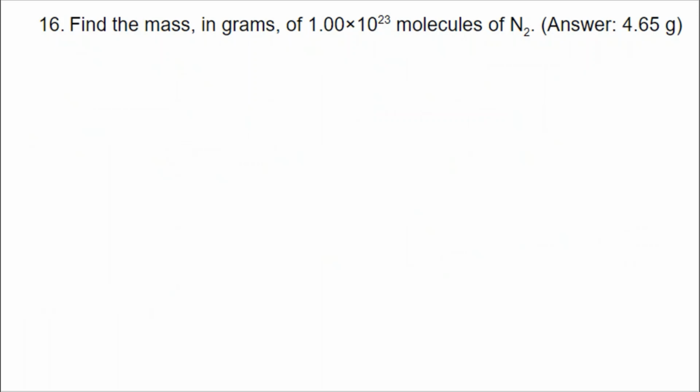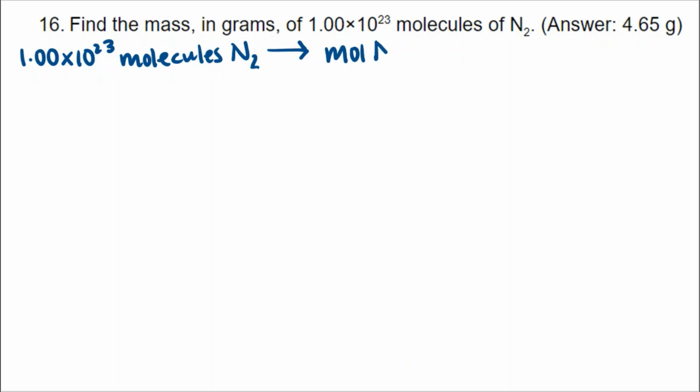Okay, question 16. Find the mass in grams of 1.00 times 10 to the 23rd molecules of nitrogen. And we want to know how many grams this would weigh. So I can't go from molecules directly to grams. I always got to go to mole in between.